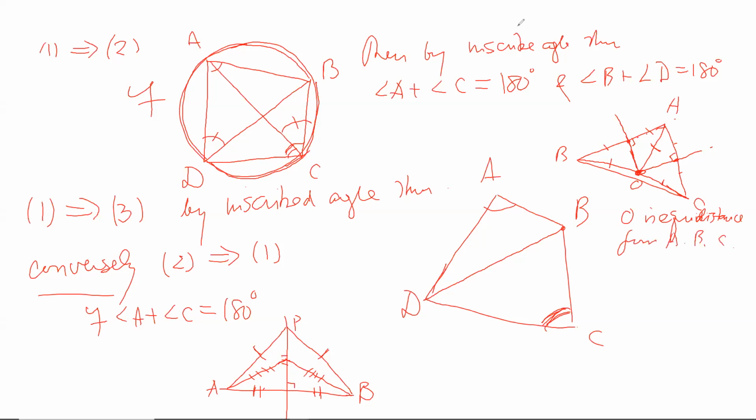You agree? And that is the circumradius. So if you draw a circle of radius r, then this is the circumcircle. Does it make sense to you now? Yeah. Every triangle has a circumcircle.